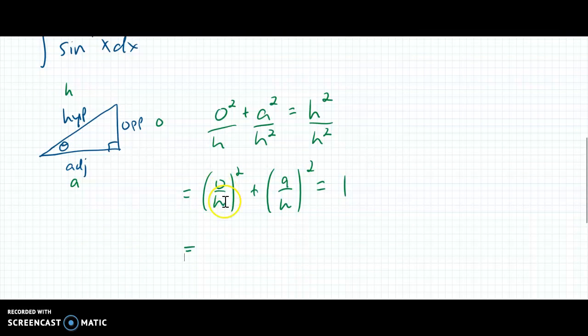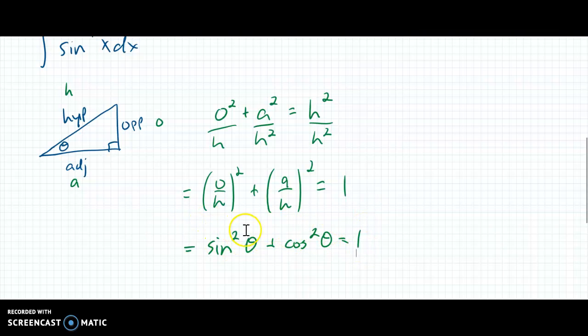Really, what's O over H? It's sine, and then I got to square it, of theta, plus what's this one? A over H, cosine squared theta is equal to 1. And now this is true for anything where I've got the same input on the sine and the cosine all the way through, right? So if I had sine squared of 10 plus cosine squared of 10, it would be 1.